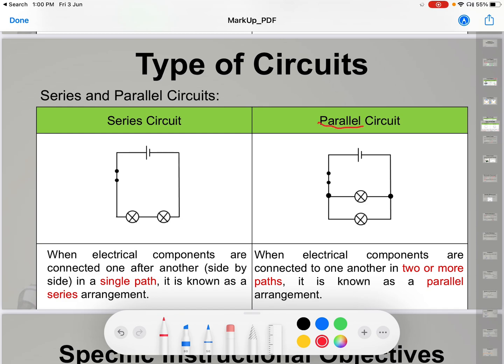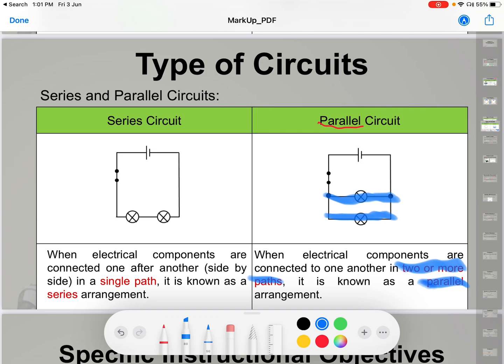What does it mean by having one switch to control just one row of lights? It means that if we talk about the pathways for electricity to flow, there's definitely more than one pathway. This is called the parallel arrangement. Why do we call it parallel? Look at these two lines. They are running parallel to each other. So current will be able to flow in two or more pathways.